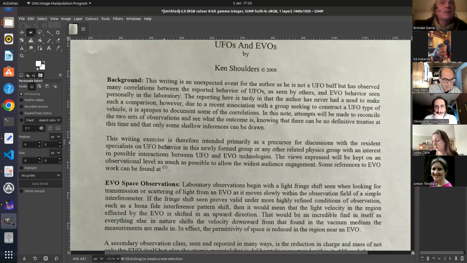This writing exercise is therefore intended primarily as a precursor for discussions with the resident specialists on UFO behavior in this newly formed group or any other related physics group with an interest in possible interactions between UFO and EVO technologies.